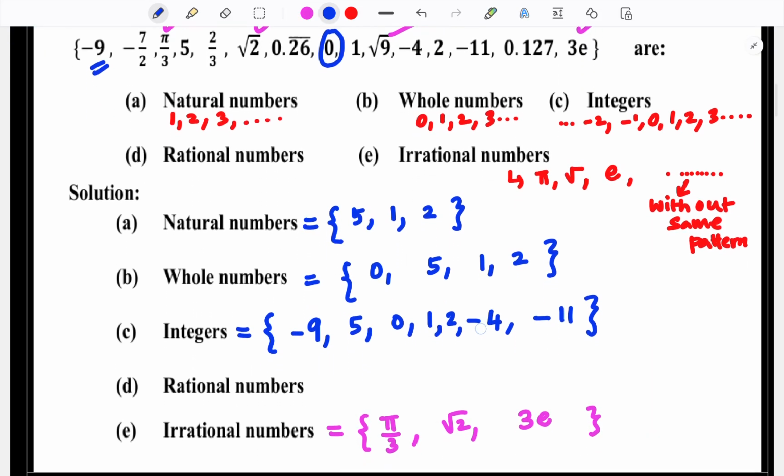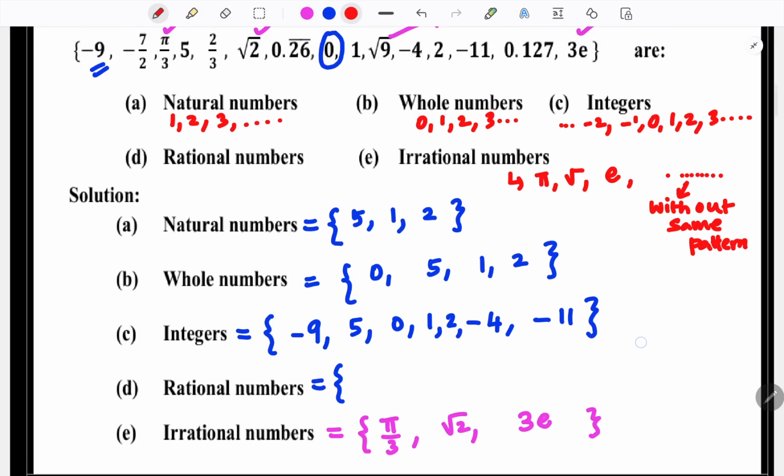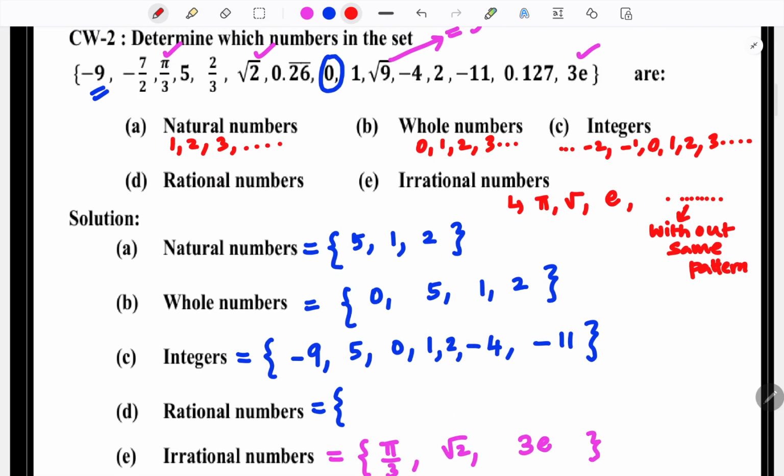Okay, next we go for rational numbers. What are rational numbers? Be a little careful. Let me move slowly. So what are the rational numbers? So many things are there. Minus 9, minus 7 by 2, and pi by 3 won't come. 5, and then 2 by 3, square root won't come. And 0.26 because it keeps running, the bar is there.